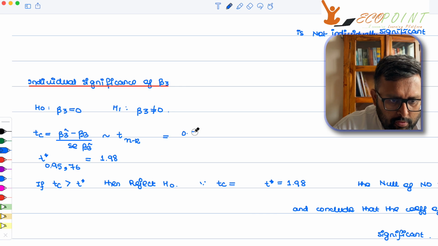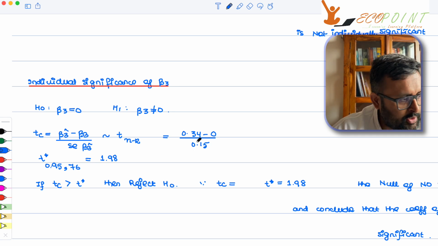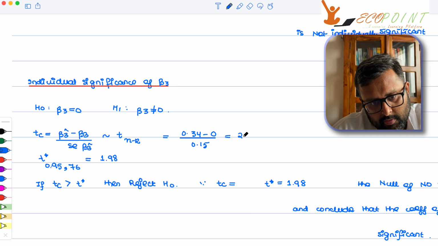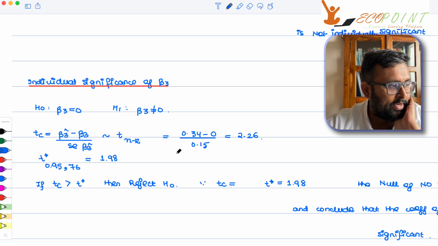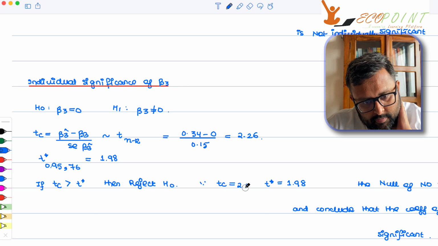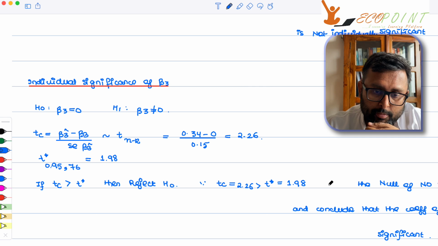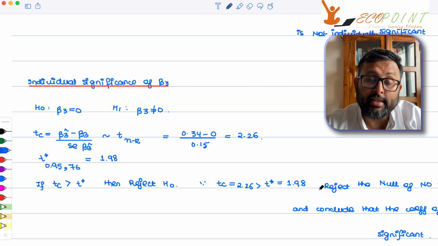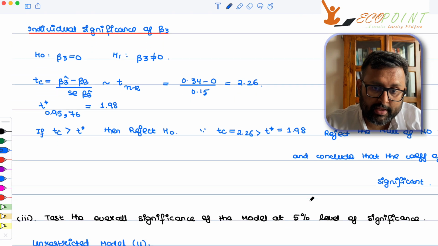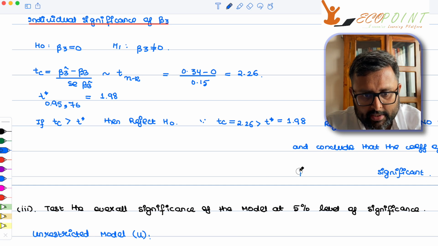That is 0.34 minus 0 upon 0.15. That comes out to be 2.26. Because calculated t is 2.26, it is more than critical t. So you reject the null hypothesis of no significance, and you say that X3i is individually significant.